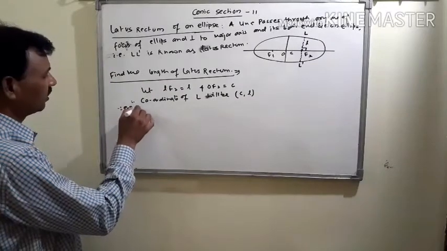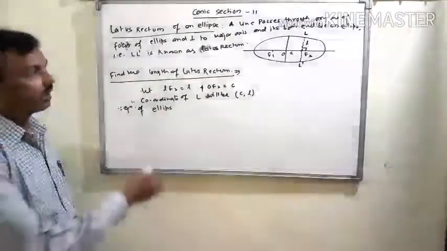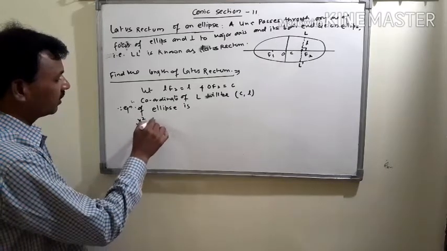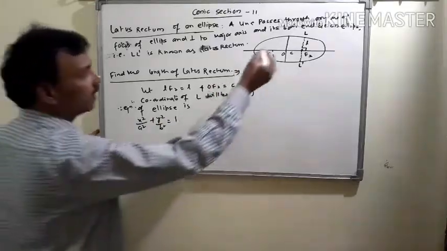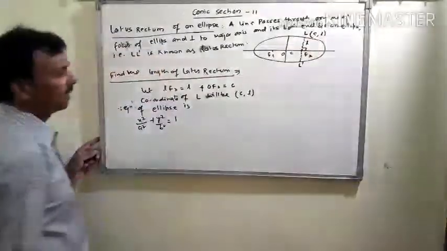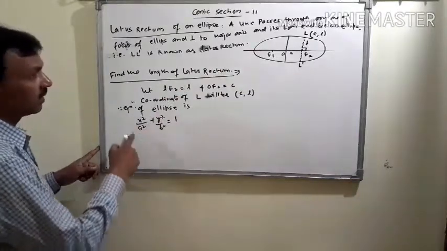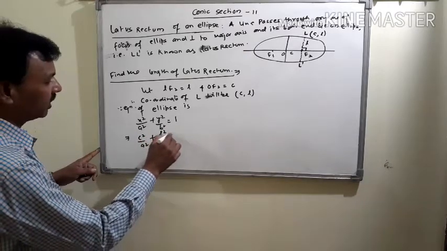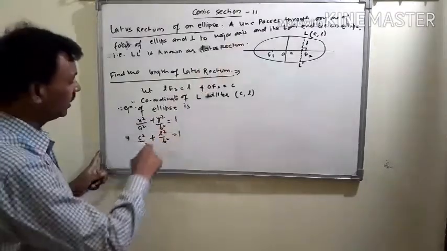Since the equation of the ellipse, as you know, is x square upon a square plus y square upon b square equal to 1, and the point L with coordinates (c, l) lies on this ellipse, the point satisfies this equation. Putting the values of the x coordinate and y coordinate from that point in this equation, this will be c square upon a square plus l square upon b square equal to 1.